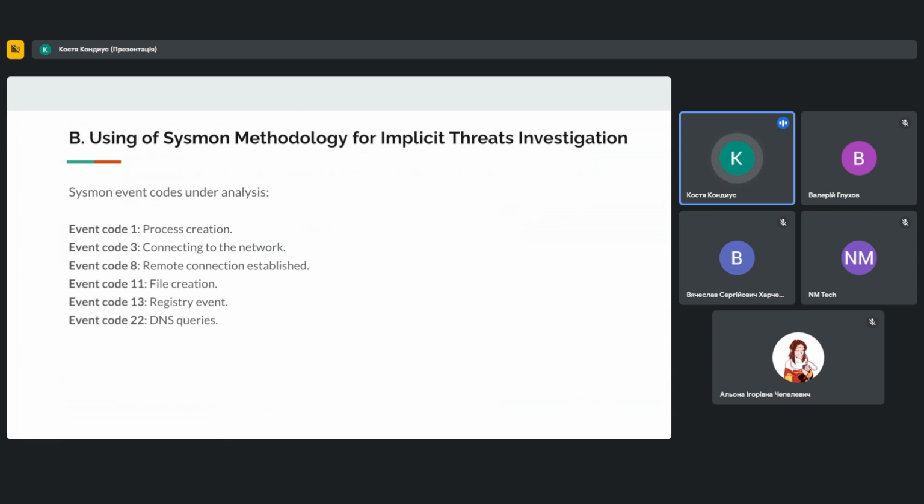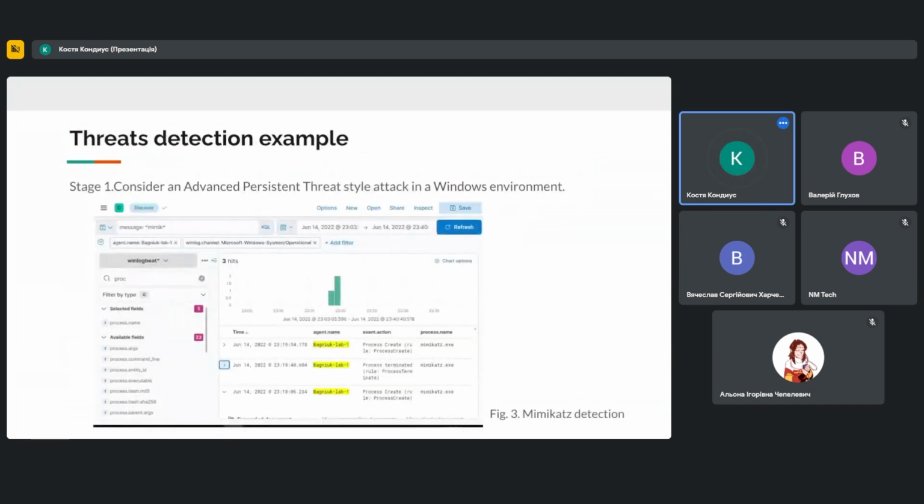So under the current investigation, we use the following SYSMON event codes, which you can see on the slide. We make the investigation under the following stages.